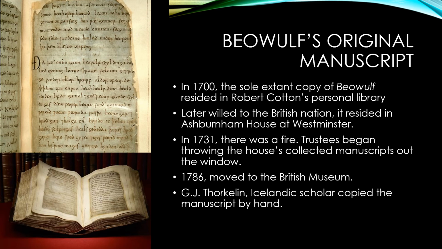The trustees burst through the doors, and they just started grabbing manuscripts and documents and throwing them out the window to save them. In fact, Beowulf does have a few singed edges. It was that close that we could have lost Beowulf forever.